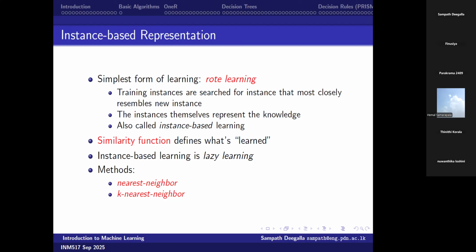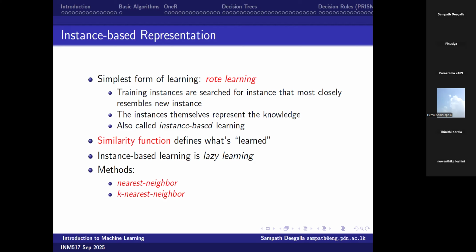It is based on the idea of rote learning. What I mean by rote learning in this particular case is just remembering the training instances. So in simple algorithms in this area, you simply store the training instances, and that is the model. You are not going to learn any model like in previous cases, like decision trees or rules.